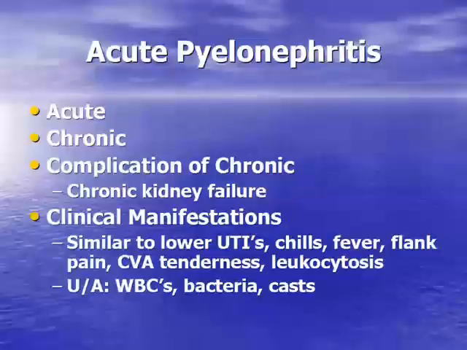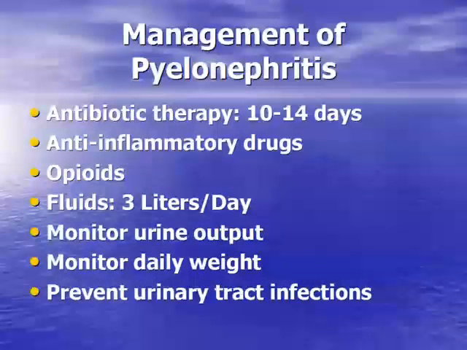So tissue actually can get destroyed with pyelonephritis, with chronic types of pyelonephritis, and it can lead to chronic renal failure because of that kidney tissue actually being destroyed. So management of pyelonephritis would include antibiotic therapy, anti-inflammatory drugs.